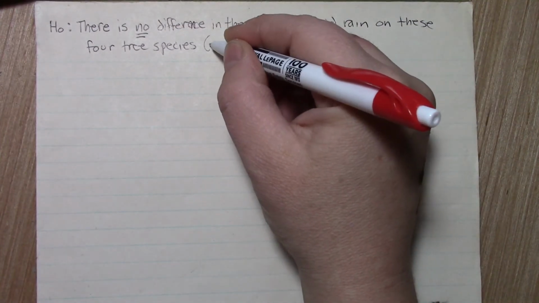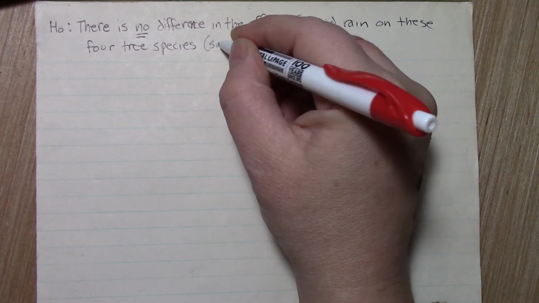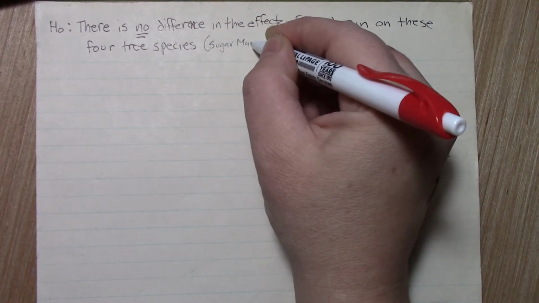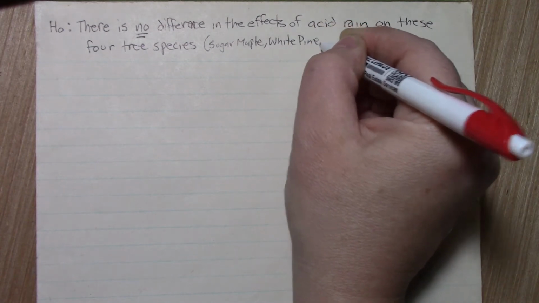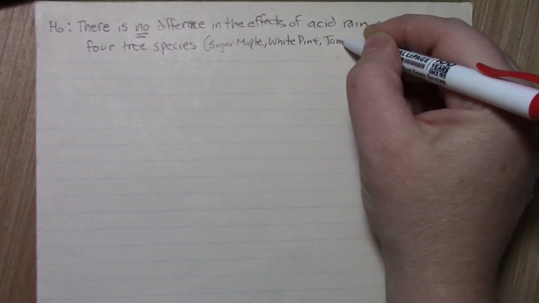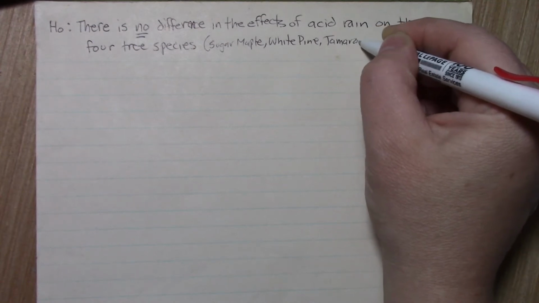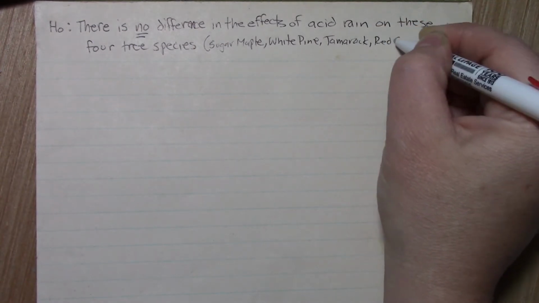And then I'm going to write them in: sugar maple, white pine, larch or tamarack, and red oak.